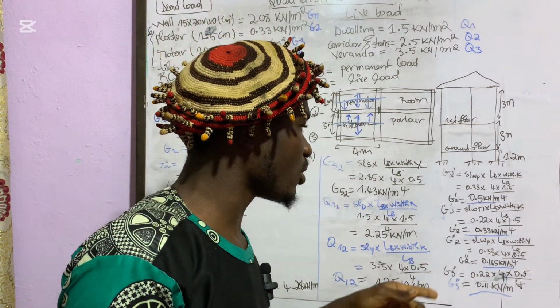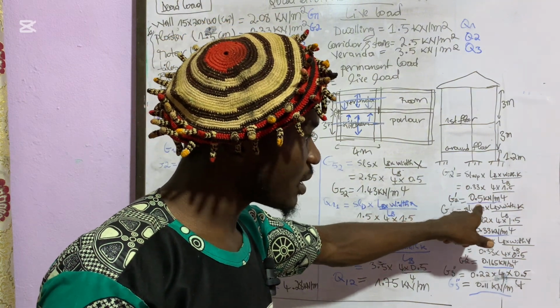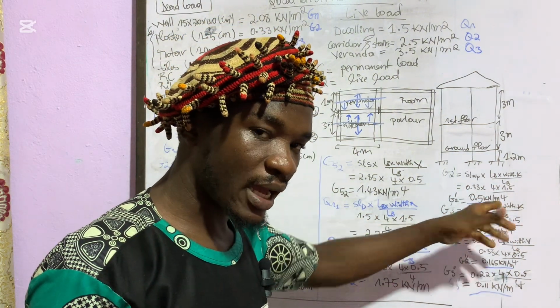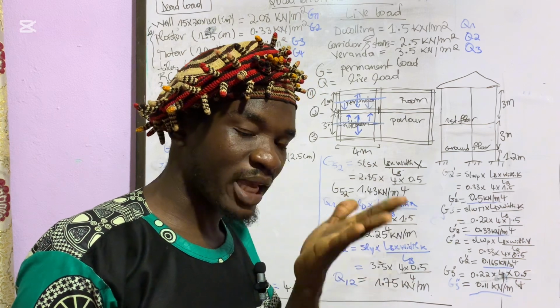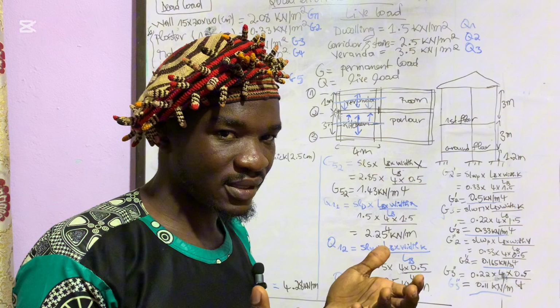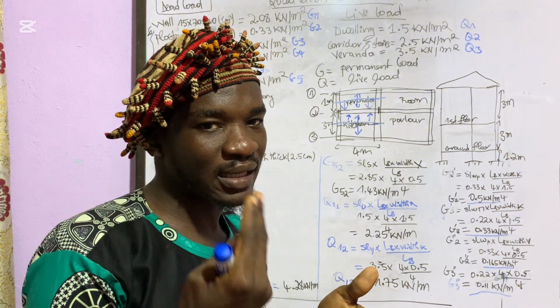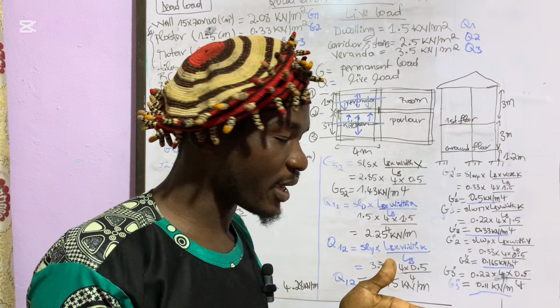We are working with 1.5 centimeter thick, so it's going to give 0.5 kilonewton per meter. That's the under part of your slab, to make it neat or clean or aesthetic, okay. We always put plaster down before applying paint, depending on the client, okay.